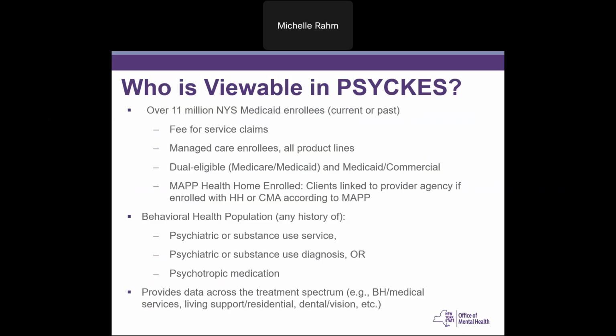Now, to be considered within the Medicaid behavioral health population, a client would need to have at least one of the following billed to Medicaid: a psychiatric or substance use service, a psychiatric or substance use diagnosis, or any psychotropic medication billed to Medicaid. But once an individual is in our population, then the information that you'll be able to see for them would be across the treatment spectrum, including things like behavioral health and medical services, residential and living support, crisis services, dental and vision, and more.